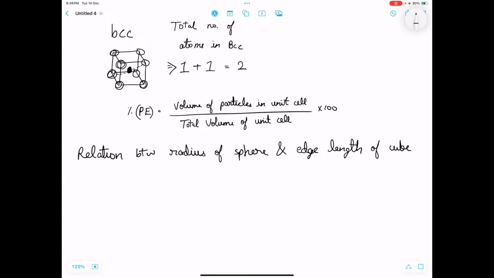So now let's figure out body diagonal equals 4r.